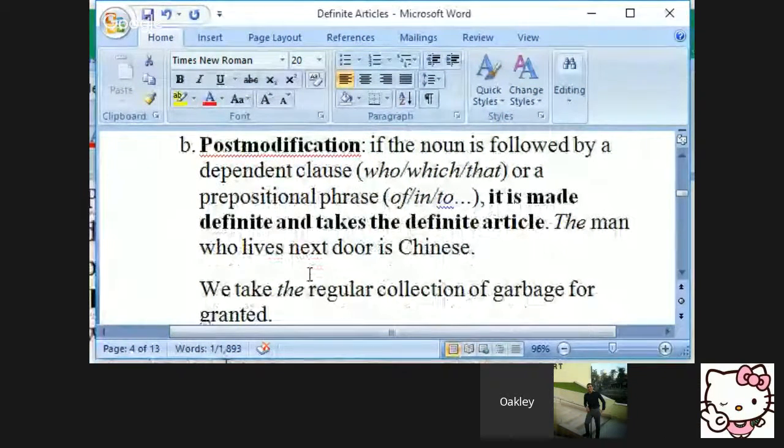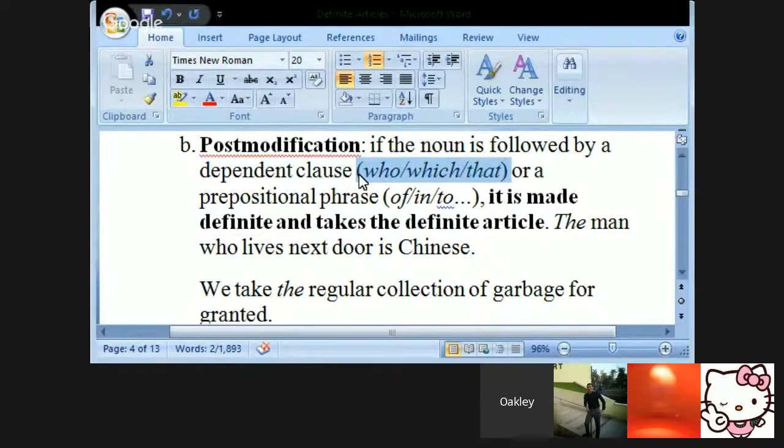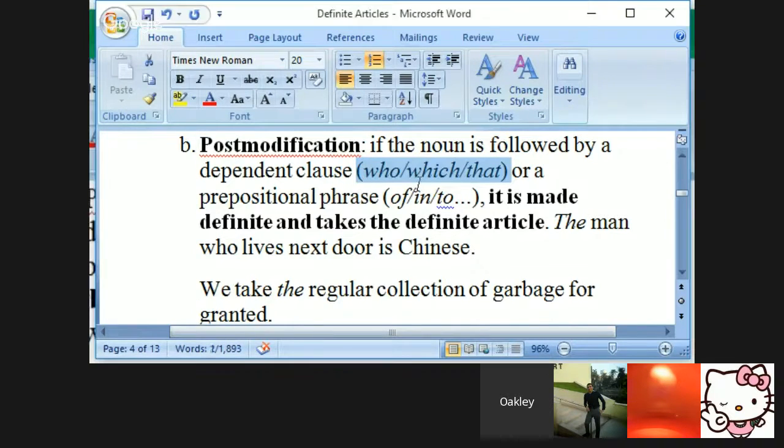Okay, and what we might call post-modification, the easiest one to understand is a dependent clause or a relative clause. A defining relative clause, which explains or defines the noun, means that it's specific, it's defined. So it's kind of obvious that we can use the, because the definition is in the sentence.